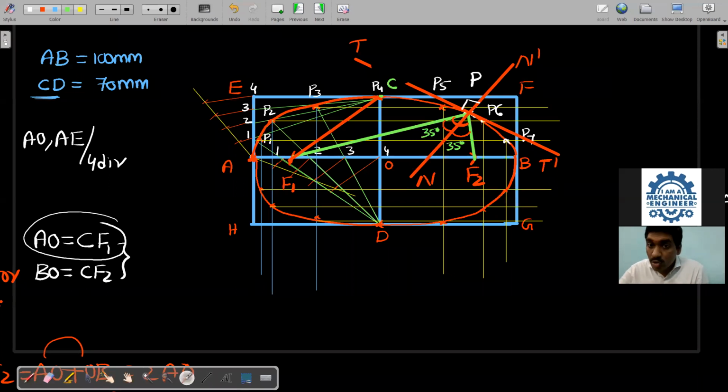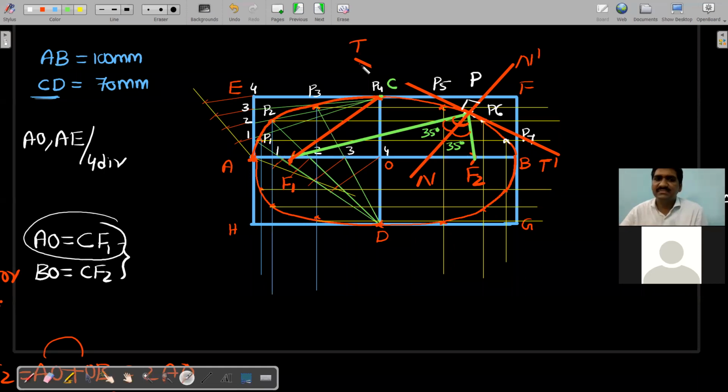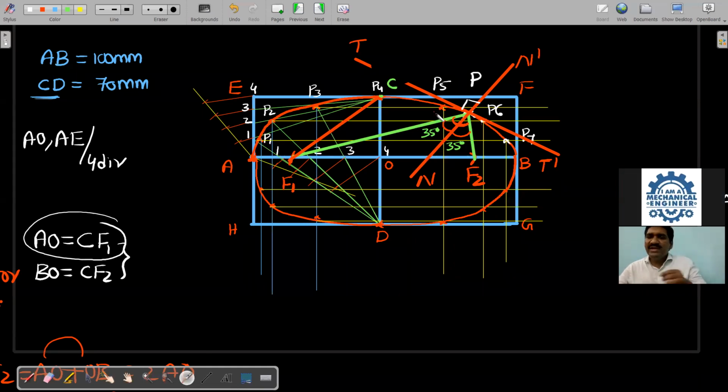Now this will become the normal and this will become the tangent. After drawing the normal we have to go for the tangent, not after the tangent go for the normal. This is entirely different.